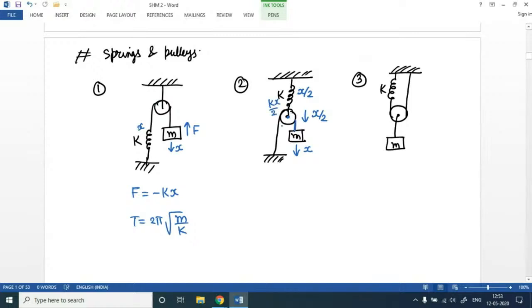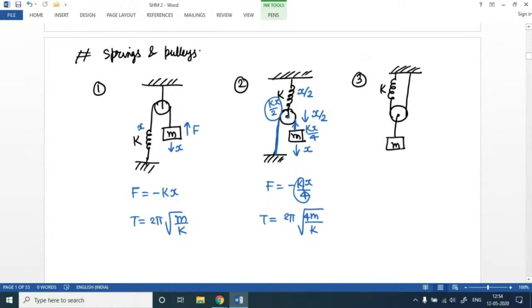The force in this string would be half of that, since to maintain the force balance on this massless pulley, that is going to be kx by 4. So the restoring force here would be nothing but minus kx by 4. So the time period we can write as 2 pi root under m, and in place of k we just need to write k by 4.